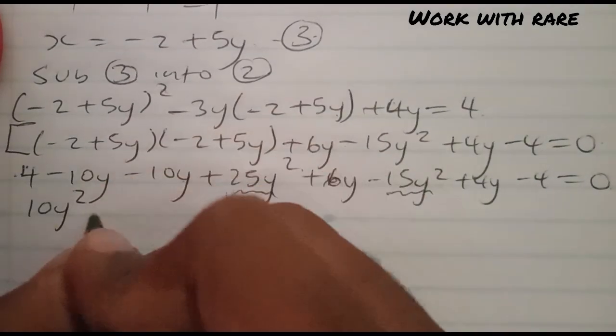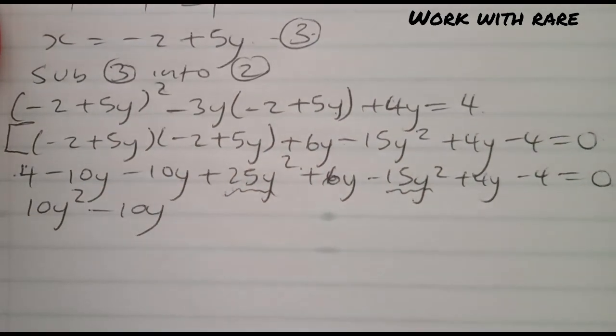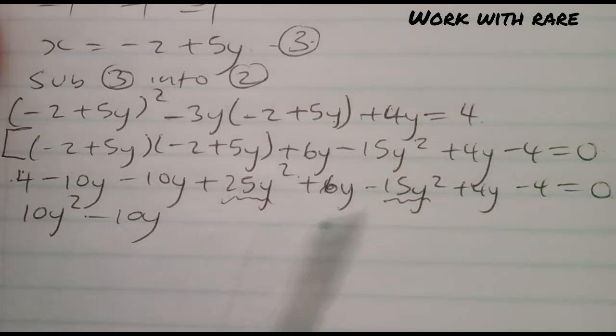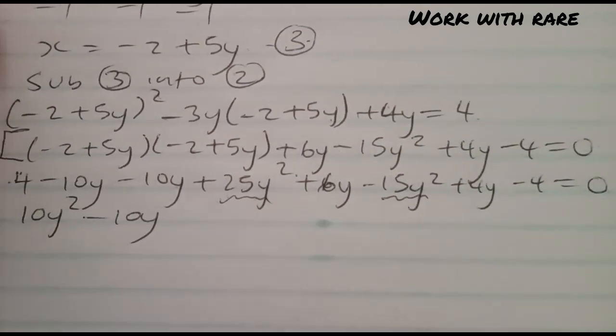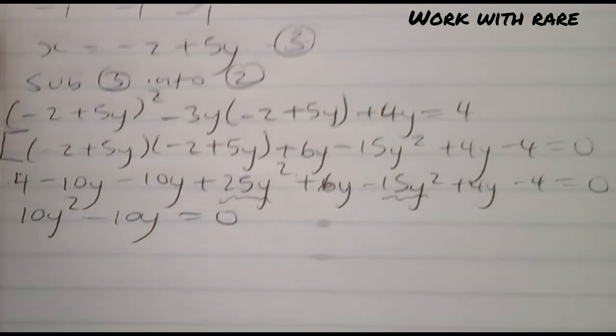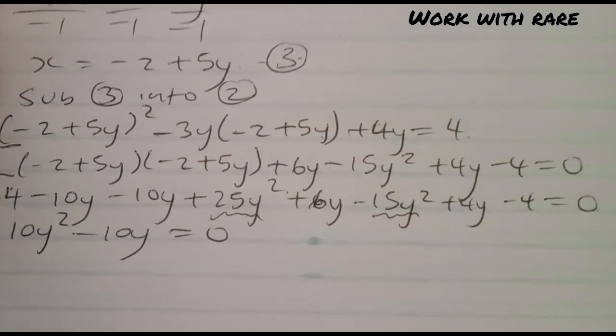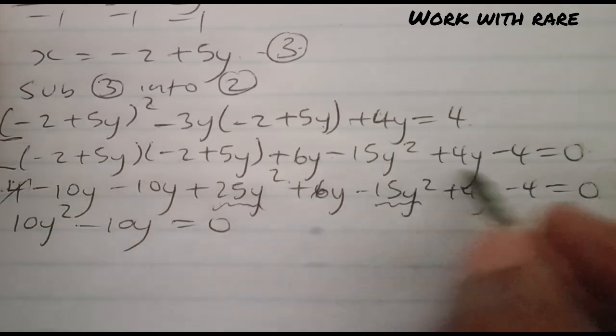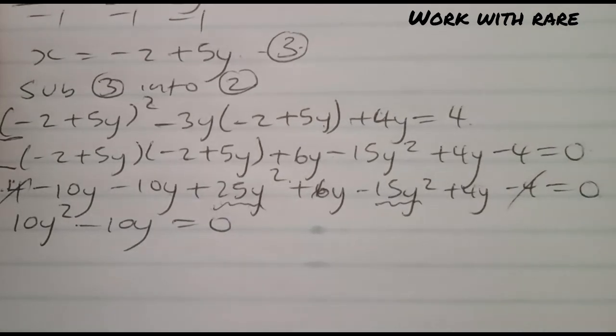It's minus 10y. After, we have two numbers here, 4 and minus 4, and 4 minus 4 is 0. So this and this one, they cancel each other.